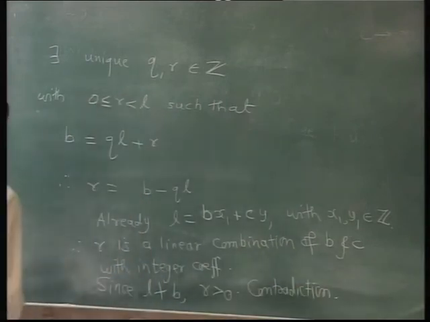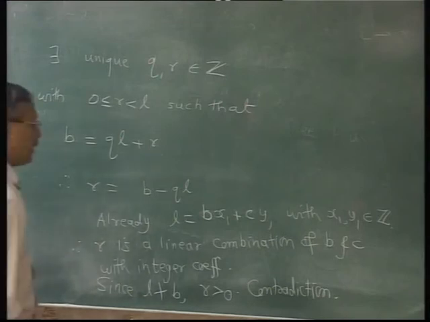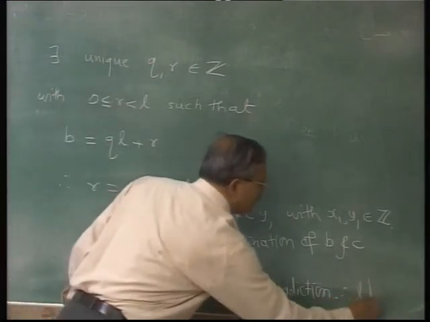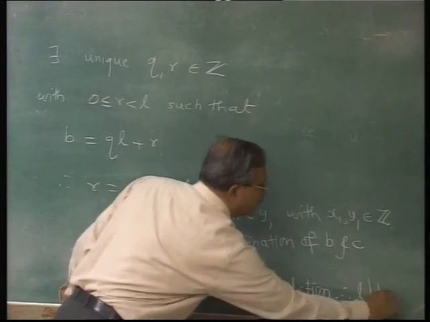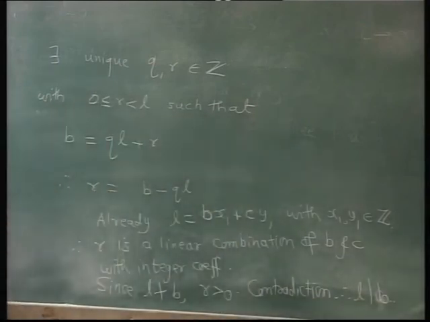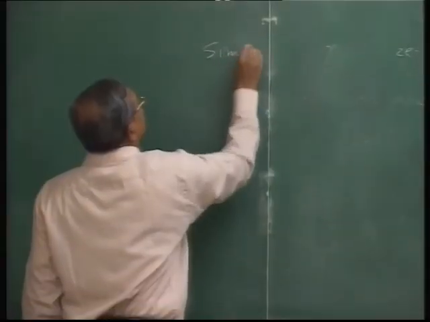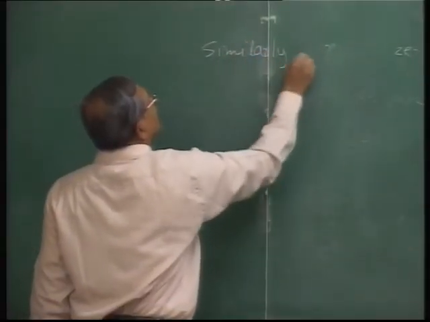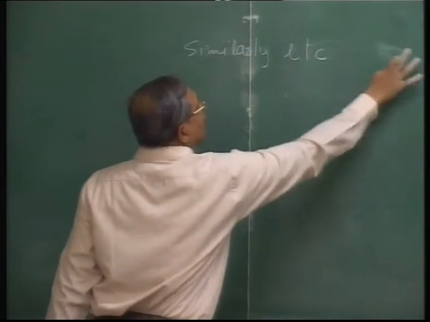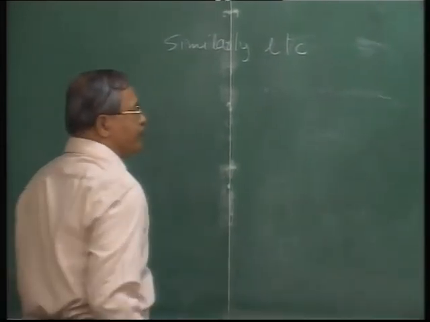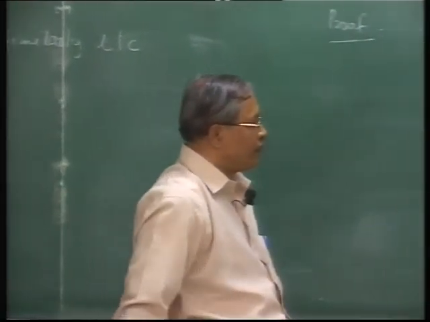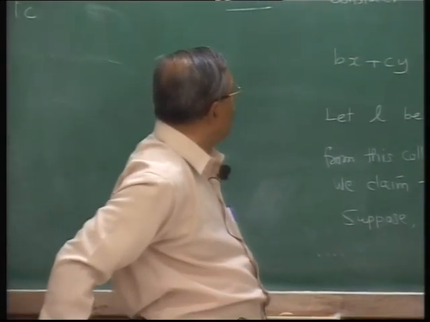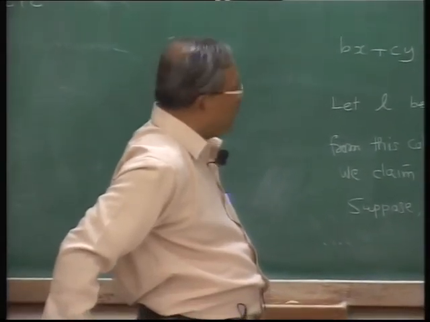And the contradiction tells us that L divides B. And in a similar manner, we can say L divides C.